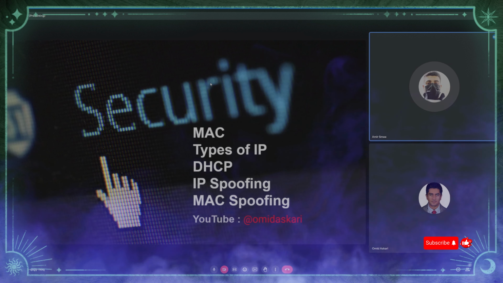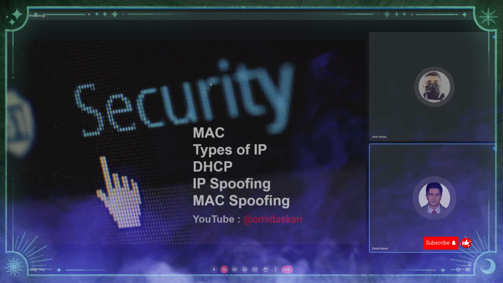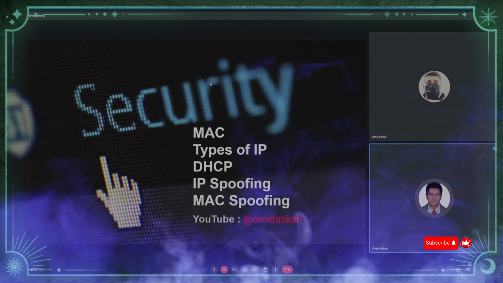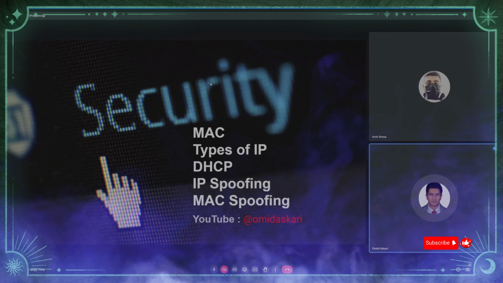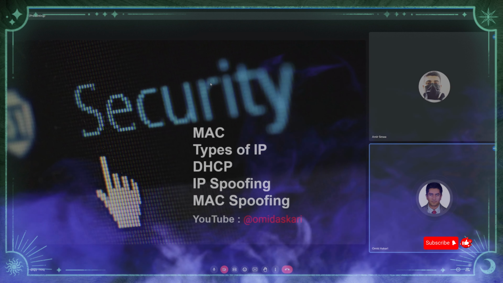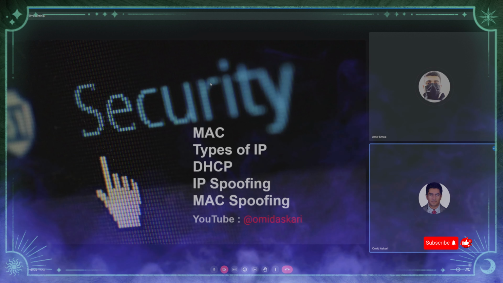You can educate and train your employees about the risks of IP and MAC spoofing by providing regular security awareness training, conducting phishing simulations, and encouraging them to report suspicious activity.